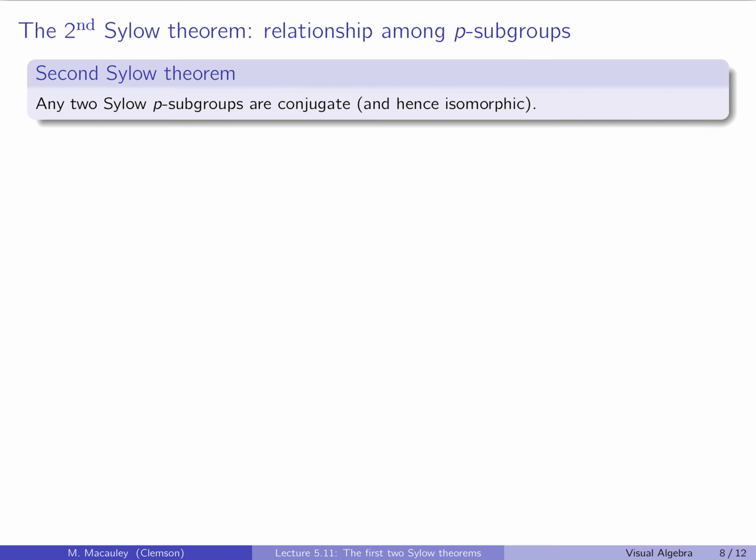The second Sylow theorem says that any two Sylow, that is maximal p-subgroups, are conjugate. And if they're conjugate, they're thus isomorphic. So in other words, in the previous slide, we just eliminated the possibility of there being a C4 and a V4 subgroup.